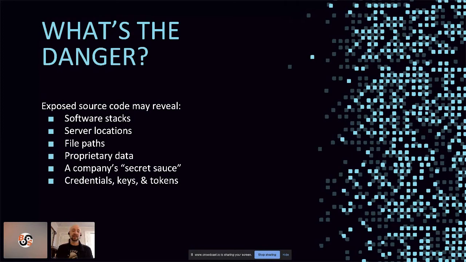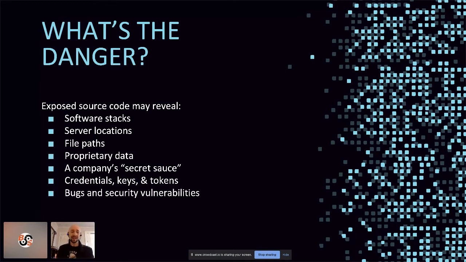Not to mention things like credentials, keys, tokens, and other secrets, which you can use to either get into the application itself with privileged access, or to other sites and services that it depends on. Or sometimes it's even unrelated services. You might find random credentials strewn about your source code, just like in GitHub.